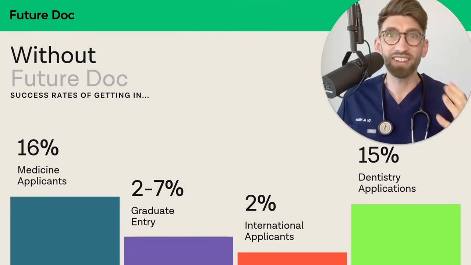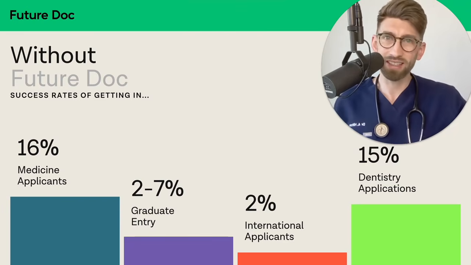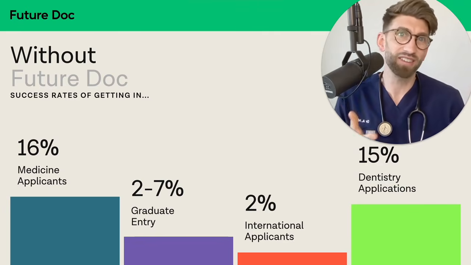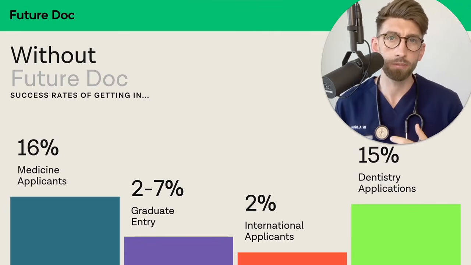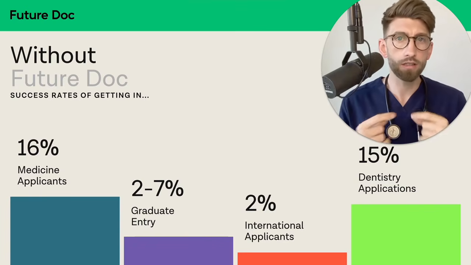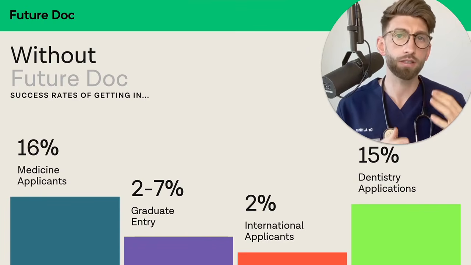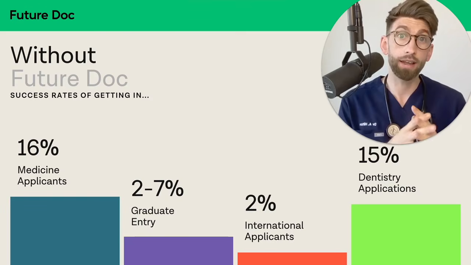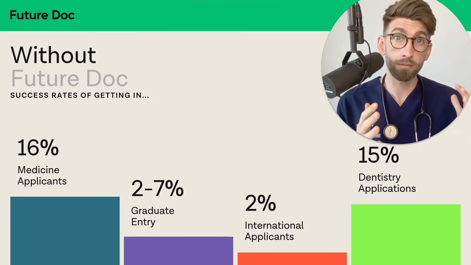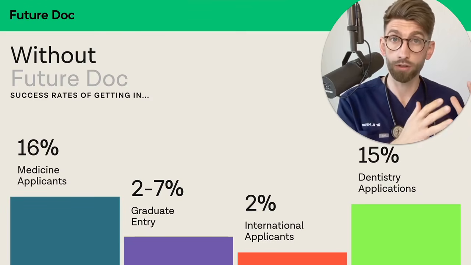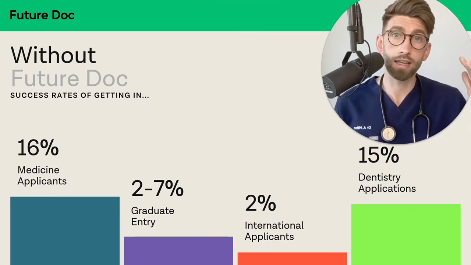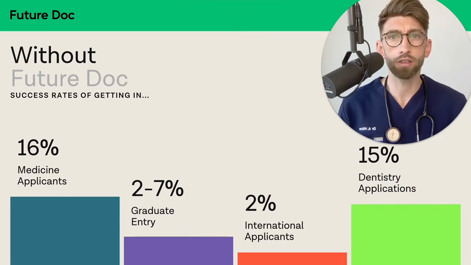Whereas on the other hand, you might have Usain Bolt in his prime in that team, and he's near 100% of getting on the Olympic team. That's the better way to look at it, because essentially medicine and dentistry are a quality problem. So on the Future Doc program, we are there to train people on the predictable offer protocol to reach that sort of level, to turn the odds much more in your favor.